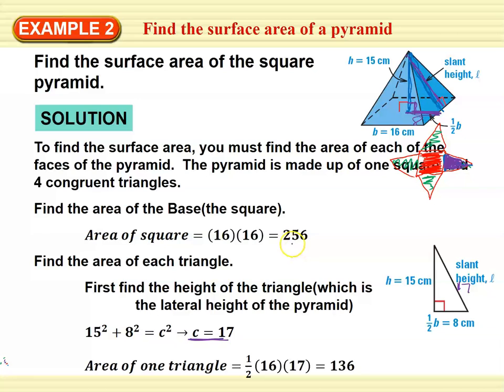So I'm going to take the 256 and add to it this 136 times 4, because that would give me all 4 of the triangles.